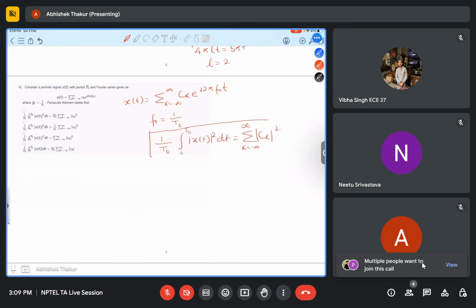So this is Parseval's theorem. So which option is correct in this? 1 by T naught, 0 to T naught. So option C is the correct option for this question.